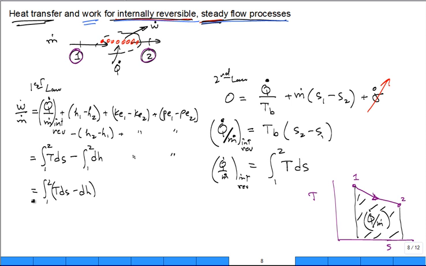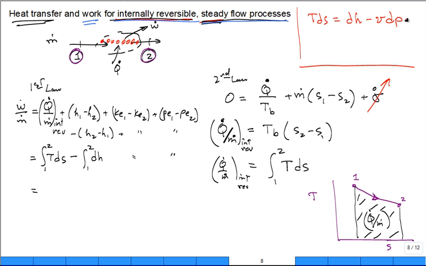Or just leave them separate, just leave them like that. What is a relationship that we recall, one of our property relations in chapter 6? It was one of the TdS equations. TdS is equal to dH minus VdP. True?